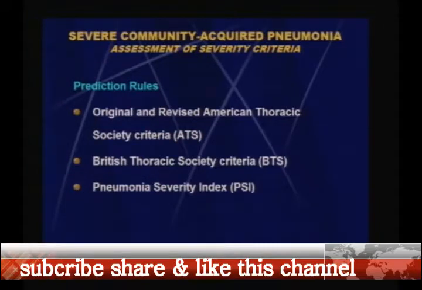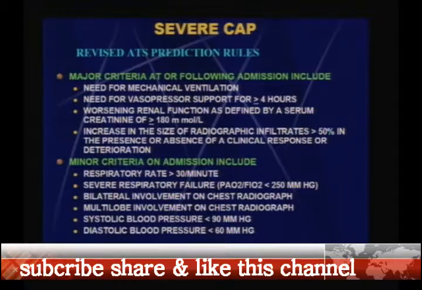The different rules have been published by societies like the American Thoracic Society, where they have original and revised criteria, the British Thoracic Society criteria, and we have pneumonia severity indices. We'll try to have a look into these scores and see how they fare in terms of various parameters.